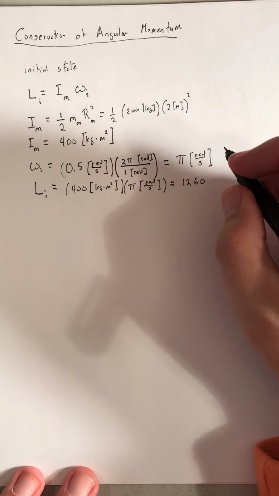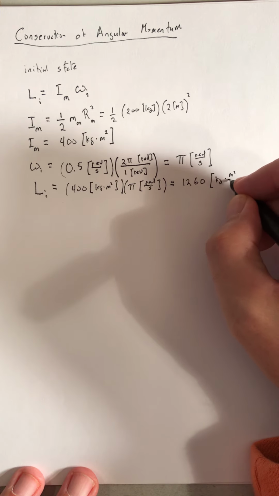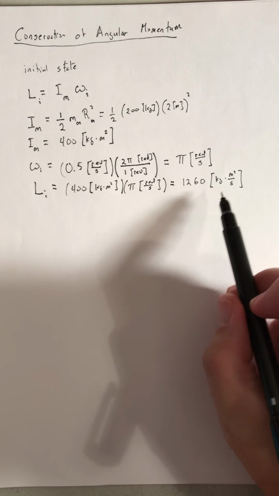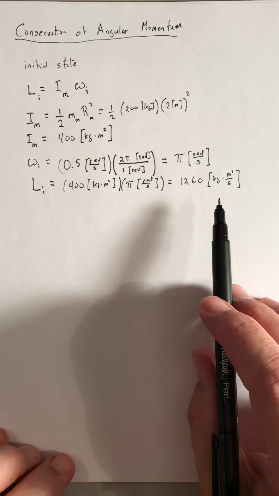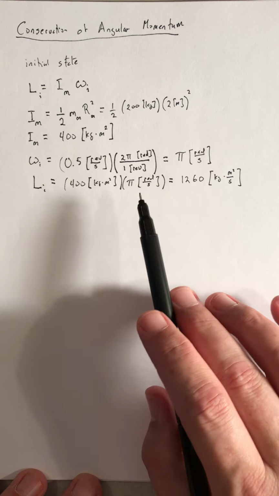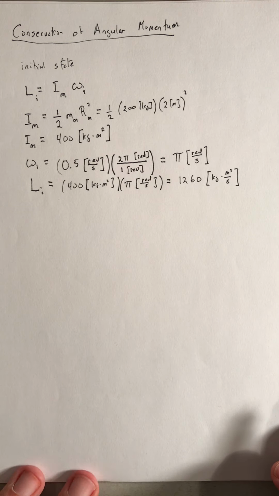That's going to be 1260 kilogram meters squared per second. And we don't have a derived unit in MKS for angular momentum, but it's going to have units of kilogram meters squared per second, and I dropped the radians because it's dimensionless, and I can.